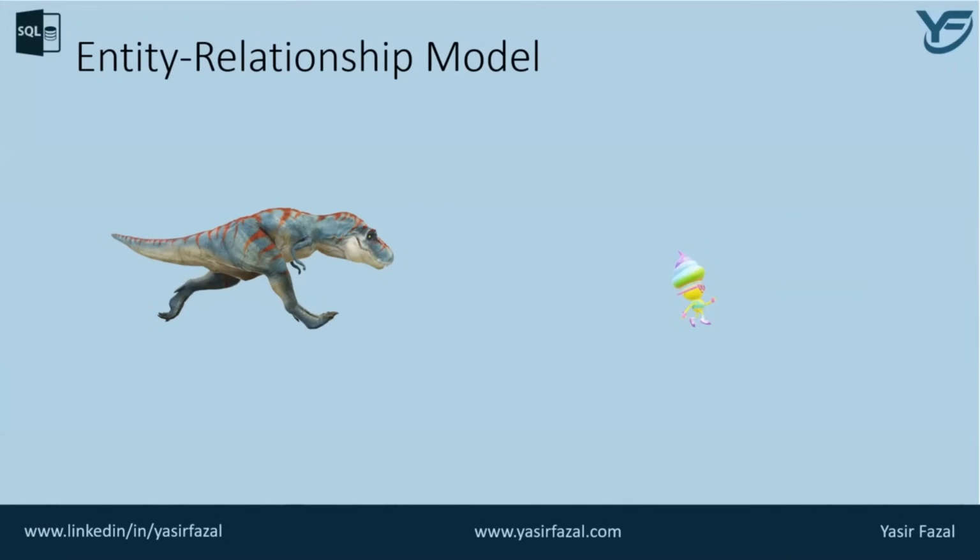So let's explain this diagram now. In this diagram, I have two things. One is a T-Rex and the second one is ice cream. So basically, what I am trying to say here is that the T-Rex is an entity and ice cream is another entity. In the real world, there are two entities, ice cream and T-Rex.